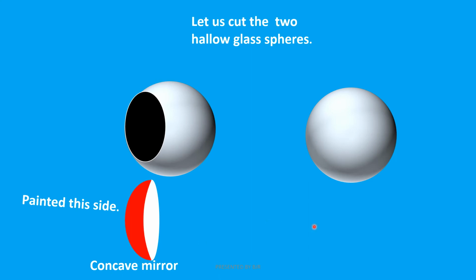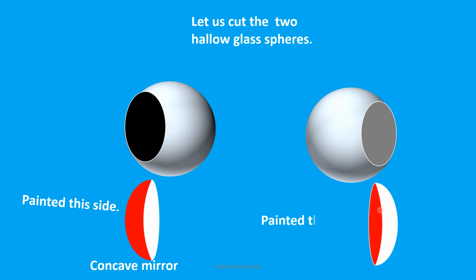Let us cut the second hollow sphere also. Okay, so the painting has been done inner side and the outer side is the reflecting surface. So here are the two mirrors.